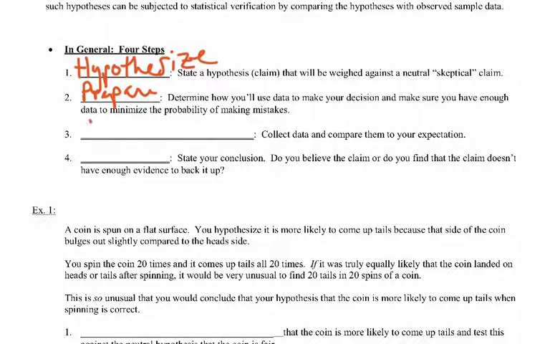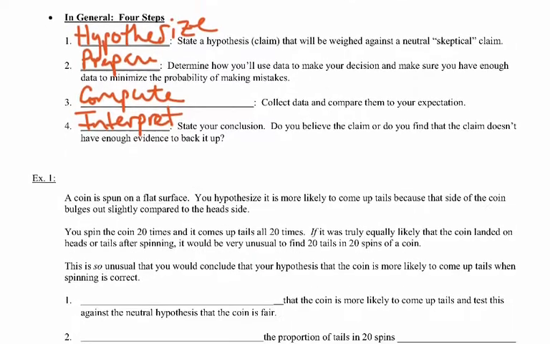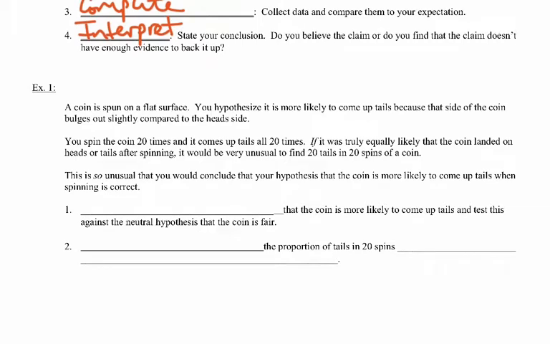Third step would be compute. So compute, collect data and compare it to your expectation, and we're going to use StatCrunch to help us do that computation. And then the fourth step is to interpret. So interpret, state your conclusion. Do you believe the claim, or do you find that the claim you made does not have enough evidence to back it up?